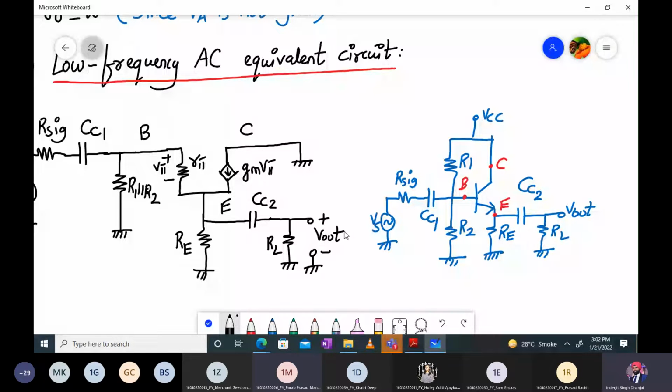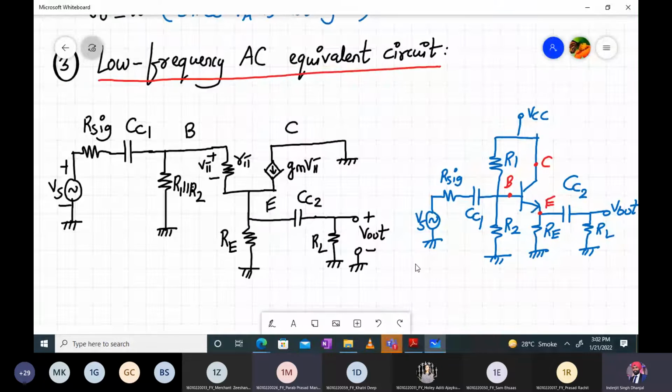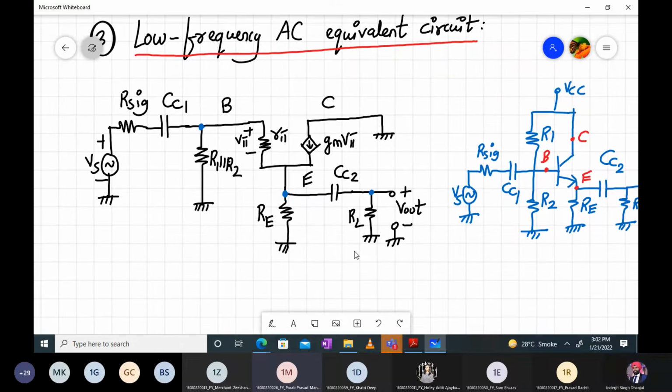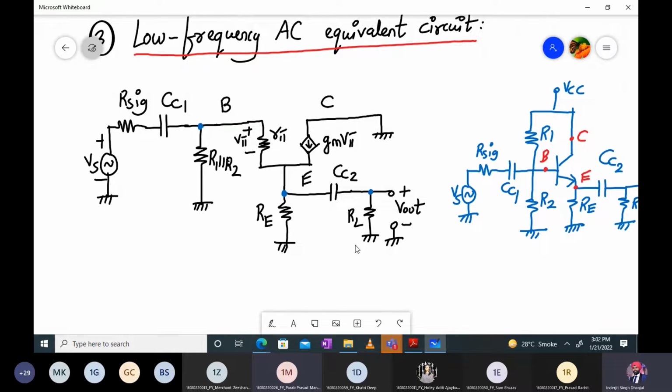Please draw this low frequency AC equivalent circuit in your books. Okay, so based on this small signal low frequency equivalent circuit, we will calculate FL of CC1 and FL of CC2.